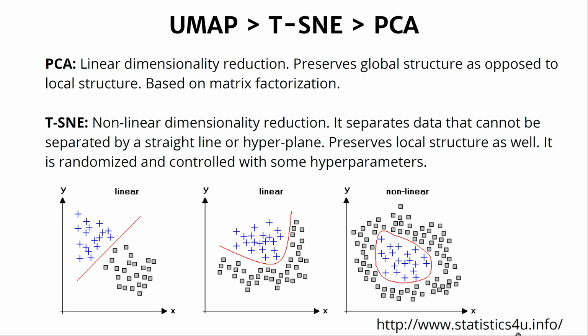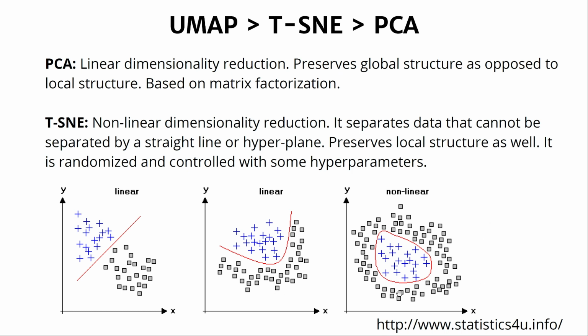What that means is that here I have this image from statisticsforyou.info. If the data is linear, as you can see, just a line, or in higher dimensions a hyperplane, can separate this. And even when the data is something like this, still it's called linear, because you can use 2 lines and take a weighted combination and separate these points from the squares that you have here.